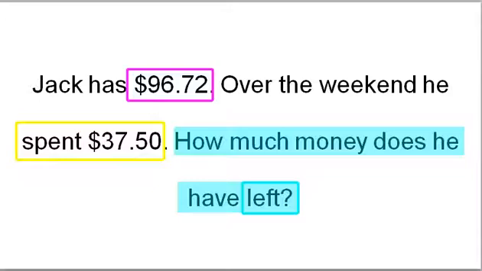And how do I go from $96.72 to how much money I have left? Do I have to decrease that amount by $37.50? Am I increasing it? And what does it mean to have some money left? Are we finding the difference? Are we finding the total amount? When you go to the next part, think, what are we trying to figure out?